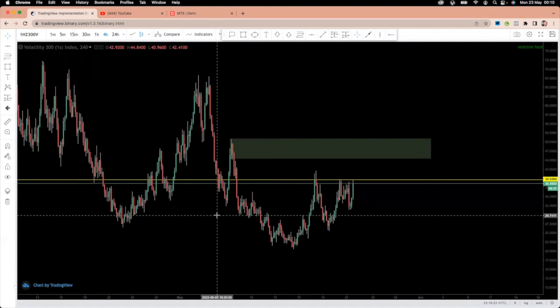But if you're a beginner, I'd advise you to backtest, and these things are going to make sense to you, just like they make sense to me now. It's not easy to see with the naked eye, but once you get used to it, you're going to start seeing these things.